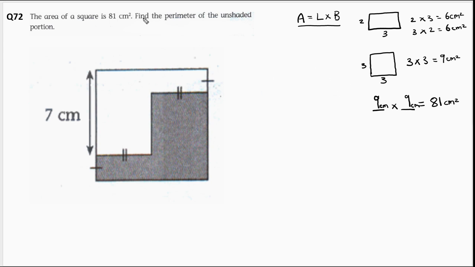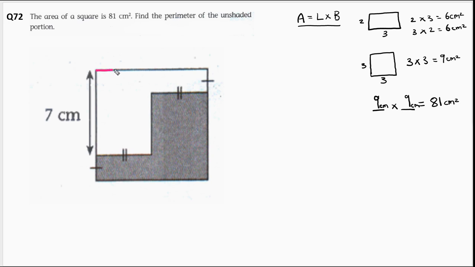Let's just look at this bit as well. It says find the perimeter of the unshaded portion. Well, you need to know what perimeter means, and that's the outside boundary of your shape. So in this case, it's the unshaded portion.